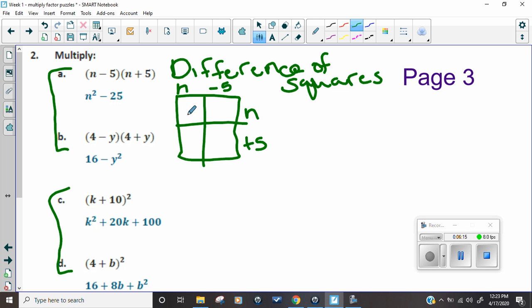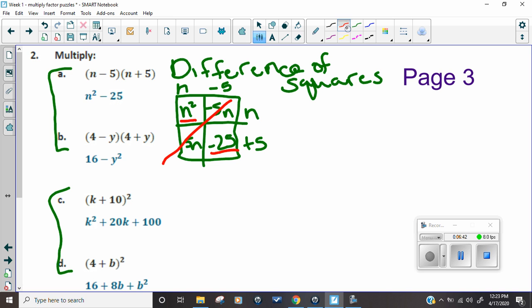And when I multiply, I get n squared, negative 5n, 5n, and negative 5 times 5 is negative 25. So when I multiply this middle diagonal, negative 5 plus 5, they cancel out. So the only thing you're left with is n squared and negative 25.